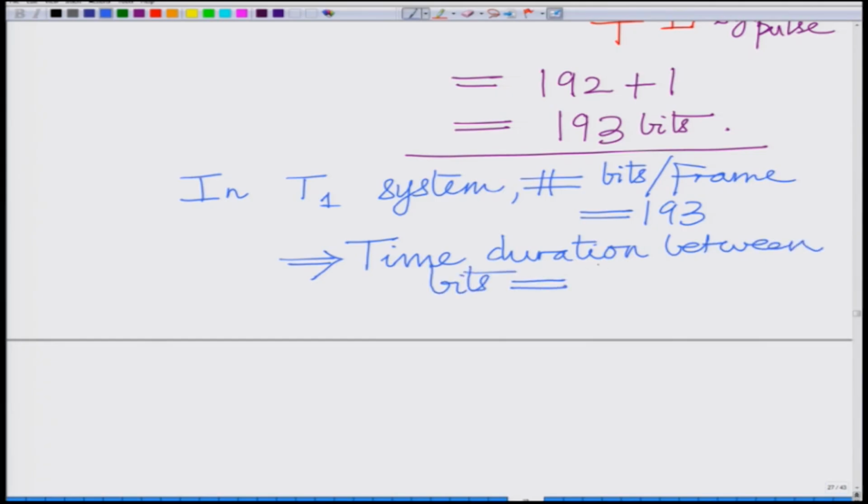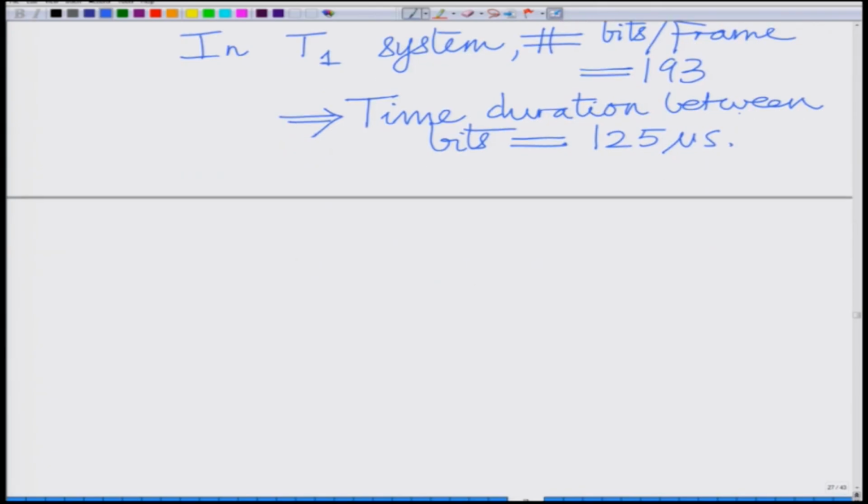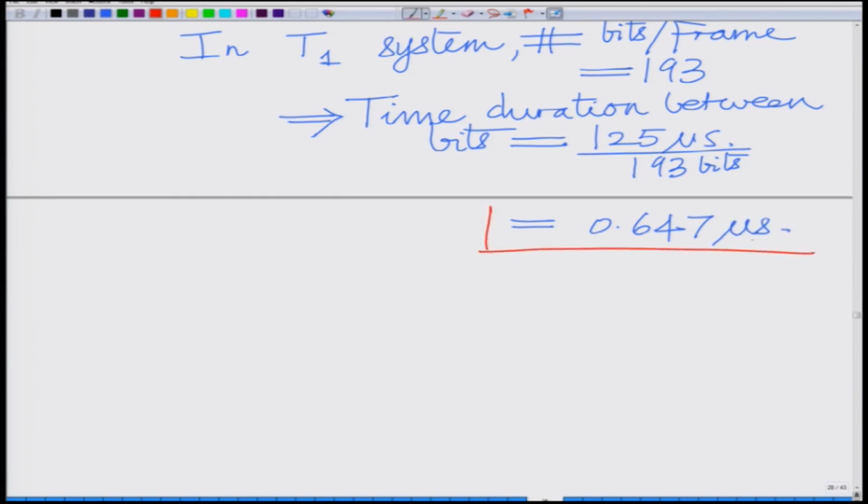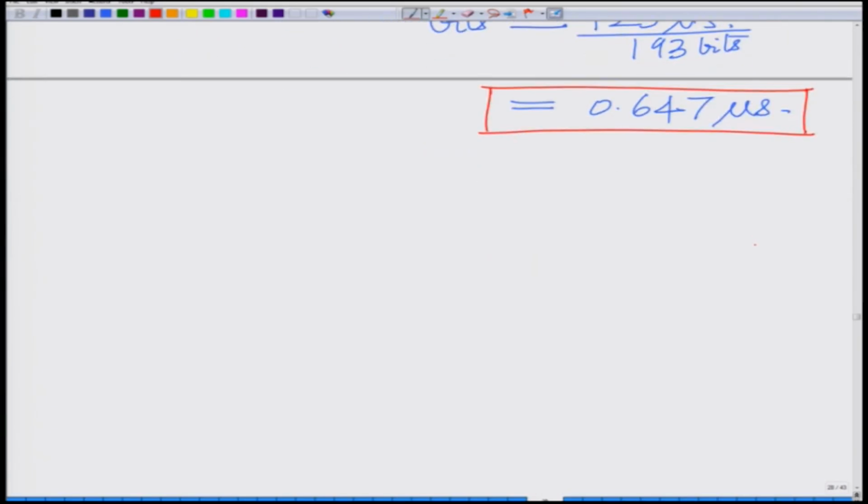The time duration between bits equals 125 microseconds divided by 193 bits, that is equal to 0.647 microseconds.